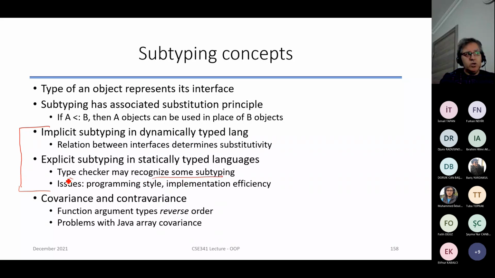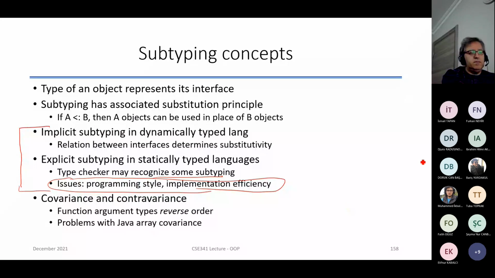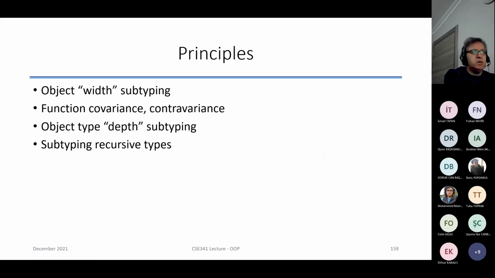One of the issues here is that programming style and implementation efficiency have to be handled. We talked about covariance and contravariance in the subtype relationship. One thing we have seen is a possible problem with Java array covariance, right?